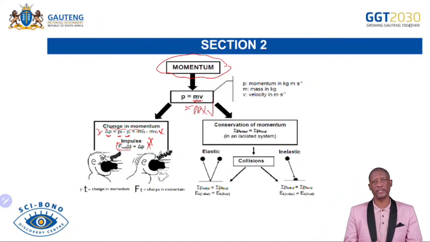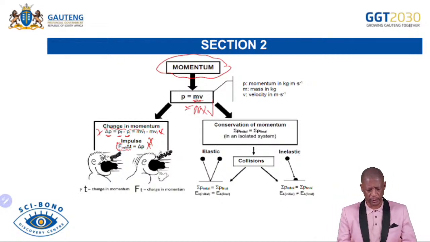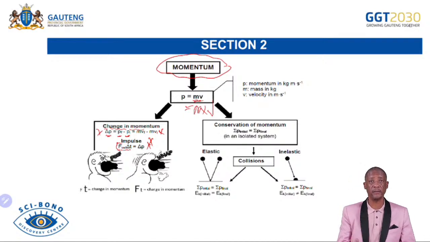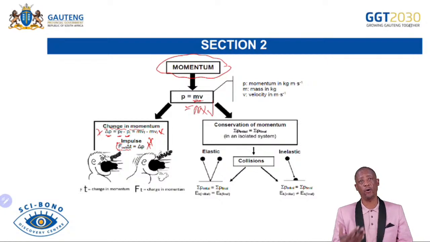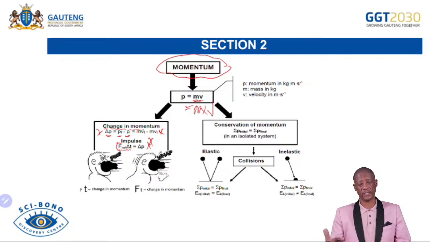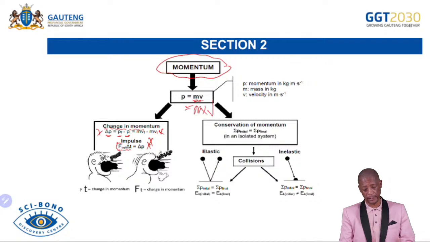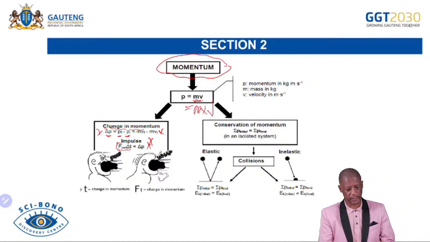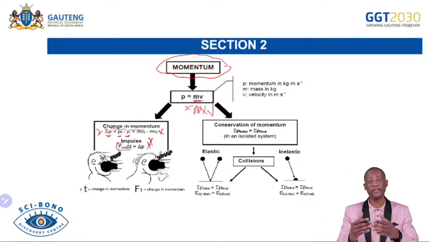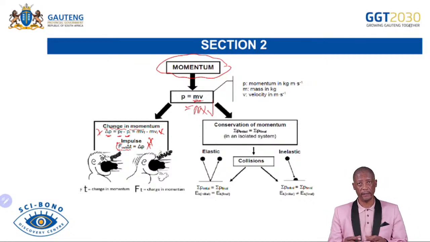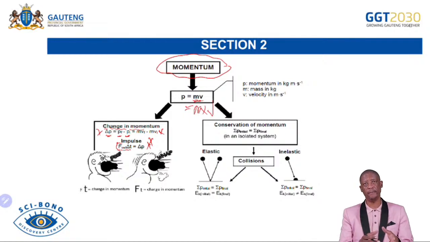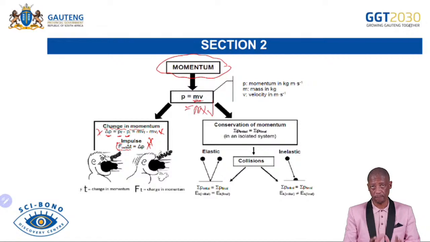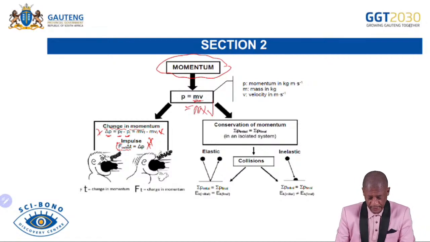Impulse is a net force on an object and the time in contact with an object. Then a change in momentum, we said it's the difference between the final momentum and the initial momentum.